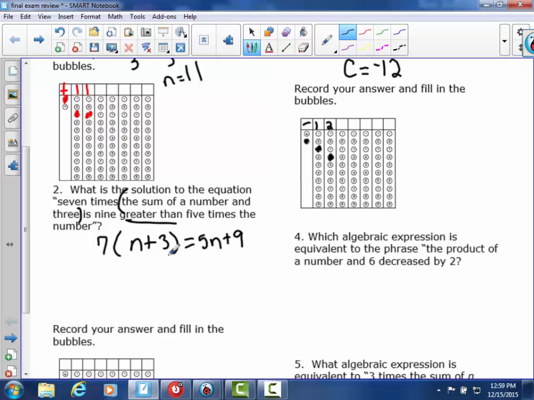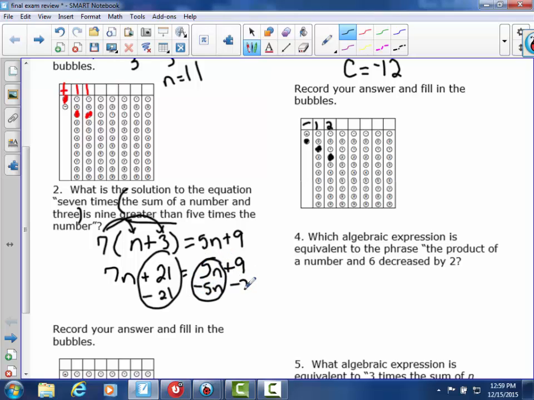So here you can either use your nSolve or use your solving steps. Actually, on this one I'm going to show you how to solve it by hand. So we do 7 times n and 7 times 3, and we'll get 7n plus 21. And then we have 5n plus 9. So we'll subtract 21 to zero it out, and subtract 5n so that we zero that out.